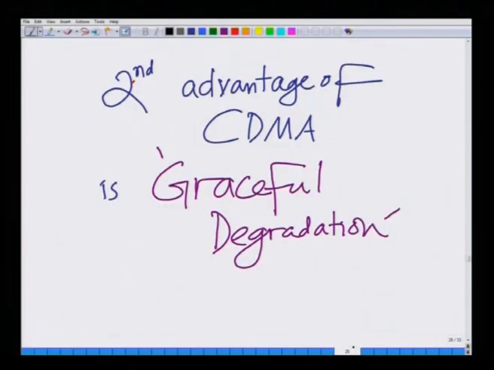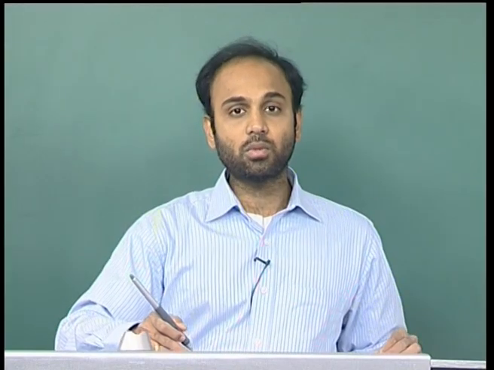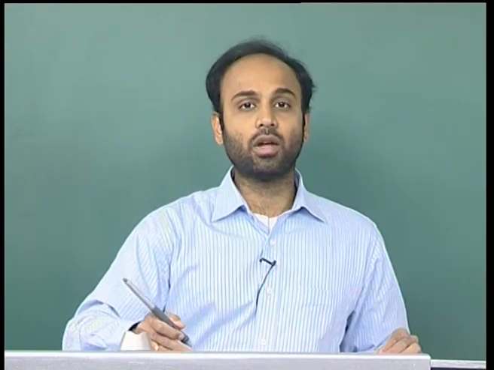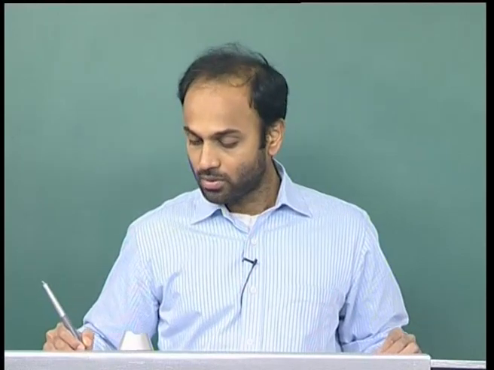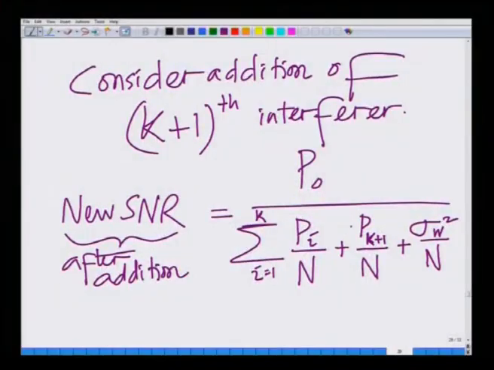We also started with the second advantage of CDMA, which we said is graceful degradation, and for that we started by considering a CDMA system which has capital K users, and we saw what happens when a k plus 1th user is added to the CDMA system, and we said that this added user causes an interference of P k plus 1 over n.